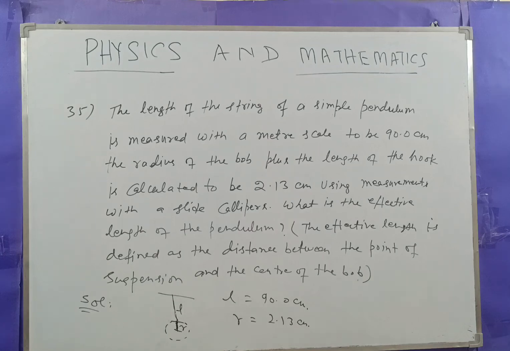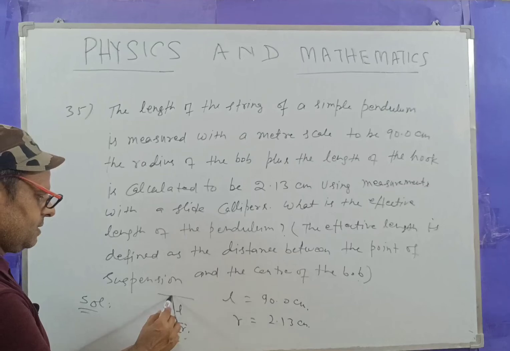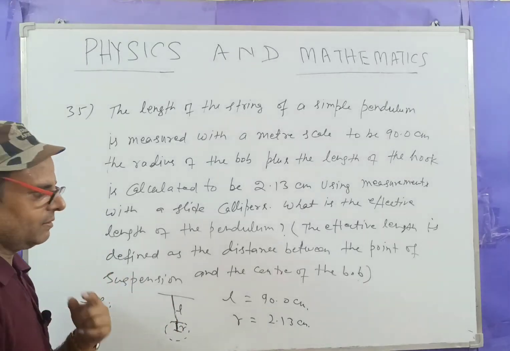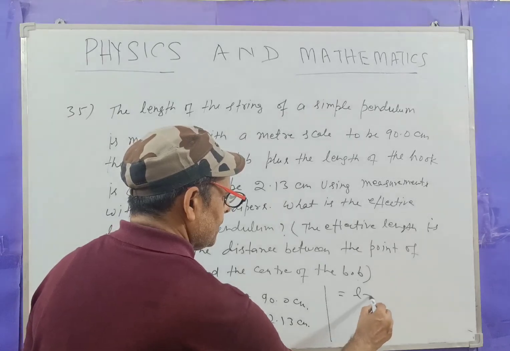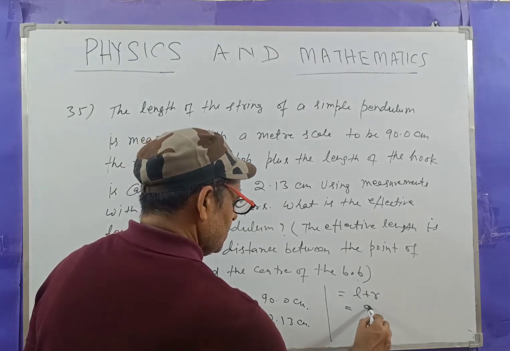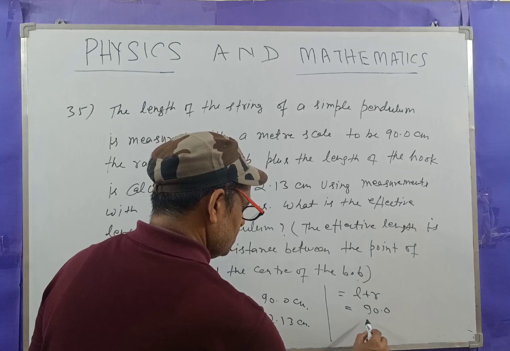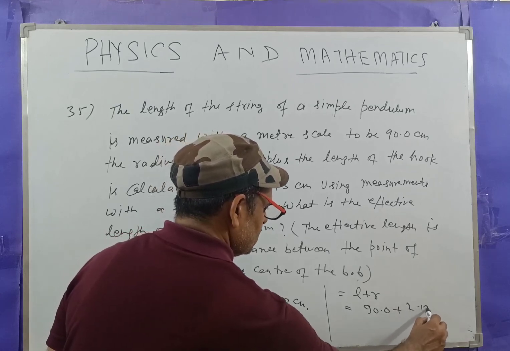What could be the value? What is the effective length of the pendulum? This is L plus R, the effective length of the pendulum. Effective length L plus R, 90.0 centimeter plus 2.13 centimeter.